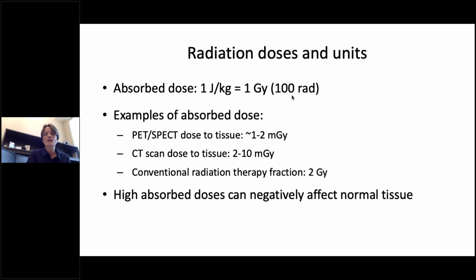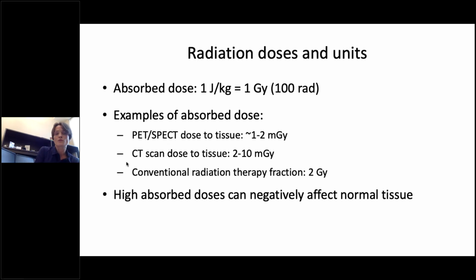And what I wanted to do is give you just a little bit an idea about numbers of exposures of absorbed doses. So here in the middle, you see in a regular PET or SPECT procedure, the dose to the whole patient would be about 1 to 2 milligray, so only 1 to 2 thousandths of a gray, very low. A CT scan can be quite a bit higher already, at least 10-fold higher. But these doses here in the milligray, in general, we consider them relatively safe.